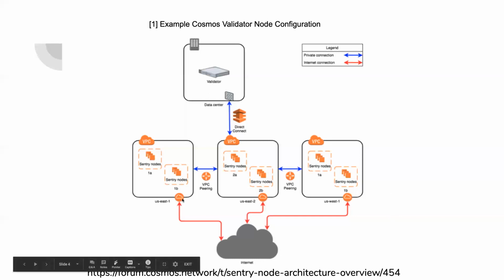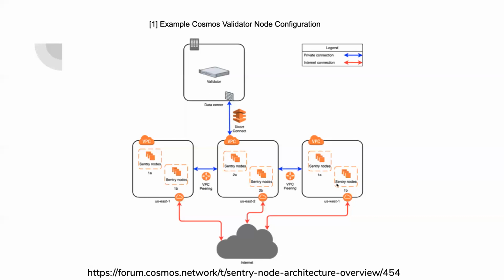So the plan is that you set up these sentries, which are like the guard towers on the outer walls of your castle, and they're there to protect your validator from impending doom. The validator should never really be publicly accessible in any case, and the sentries are there as a proxy mechanism that can take requests from the public and distribute them back to the validator. So they're your first line of defense.